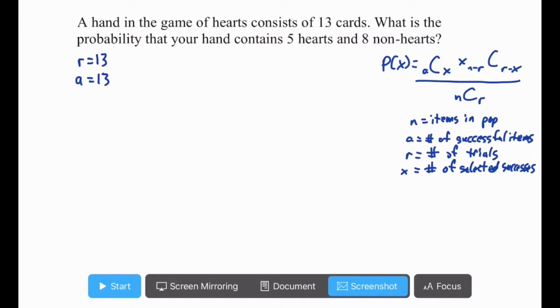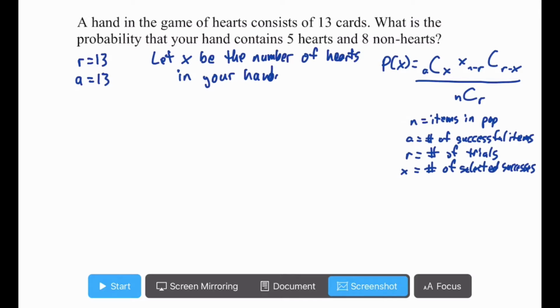And let's define X right away. Let X, our success, let X be the number of hearts in your hand. So we're counting our number of X's, number of hearts. So A is our number of hearts in the whole deck, the number of hearts that we can select from.